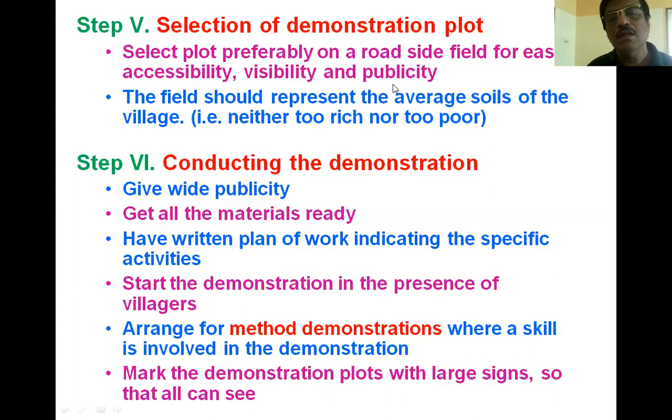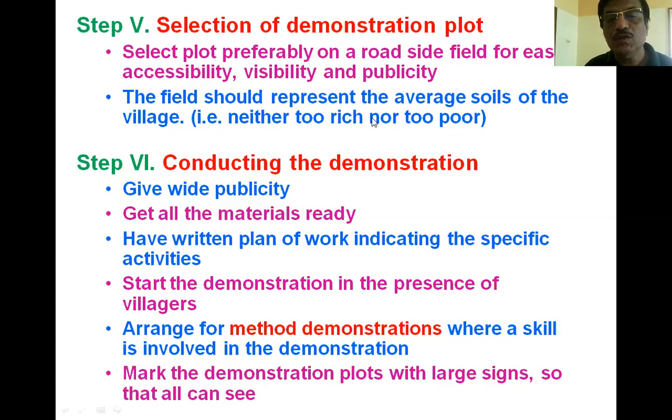By putting a board in the demonstration plot, you can make it visible to the people moving on the road. The field should be representative of the average soils of the village. It should not be too rich, that means too fertile, nor too poor. If the land is too fertile, automatically the performance of the demonstration will be good.